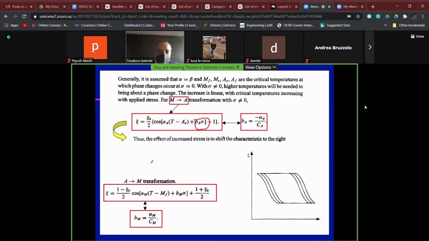We can apply the same concept if we are going to look at the austenite to martensite transformation.